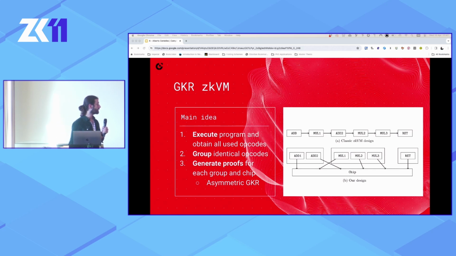And they do it with something they call asymmetric GKR, and we're going to see that it brings certain benefits, but is also quite expensive in some other ways.